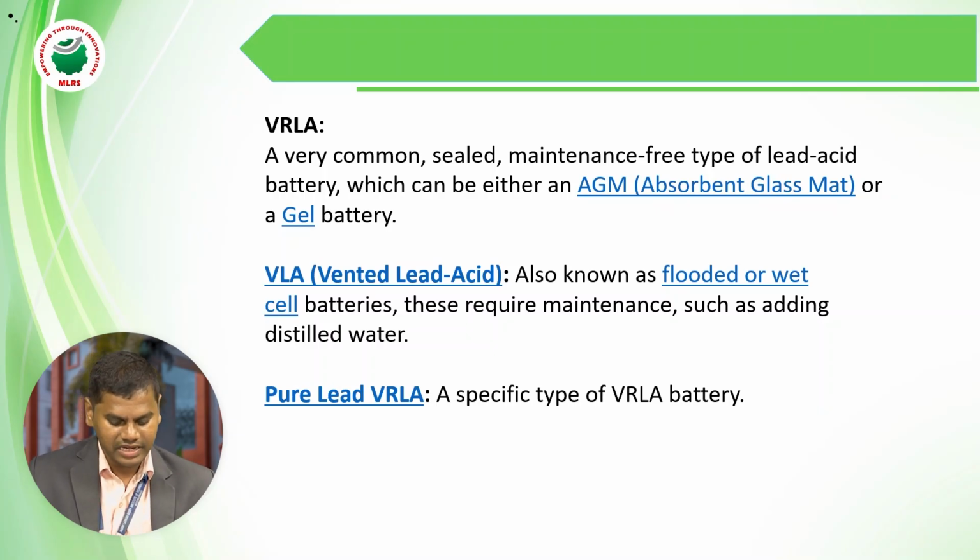And next, VLA, vented lead acid, also known as flooded or wet cell batteries. These require maintenance such as adding distilled water. And last, pure lead VRLA, a specific type of VRLA battery.